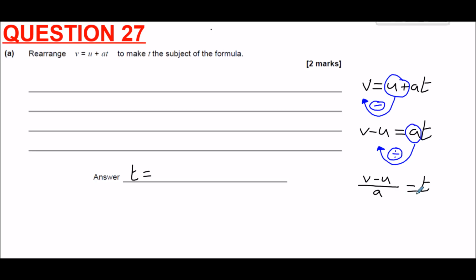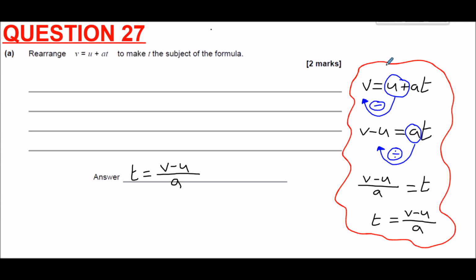Only thing here is t doesn't come first, and so if we just switch around the order this is written in and write it t first, we'd see that t equals v minus u all divided by a. So that's the formula in terms of t. So v minus u all over a. So this is one method, with the answer, where t is the subject, being this here.